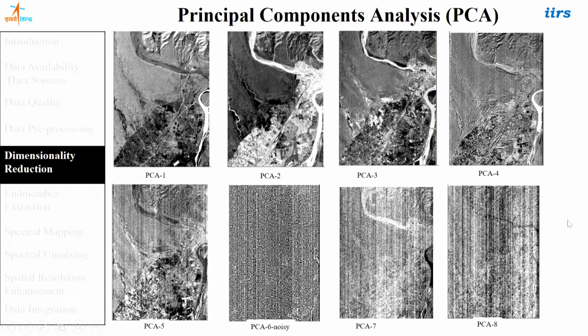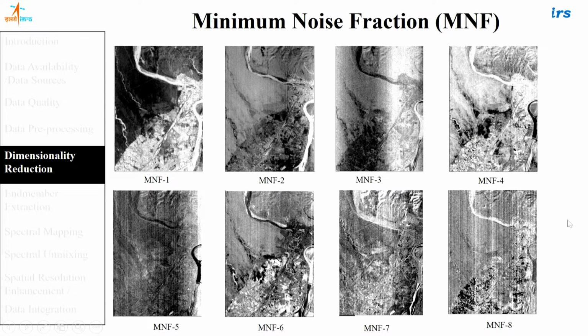So in that case, we apply another technique called minimum noise fraction. The name itself says minimum noise fraction. We are applying principal component analysis twice. How? In the first step, we apply a method called shift difference. Neighboring pixels normally contain similar signals, but the noise content may vary.